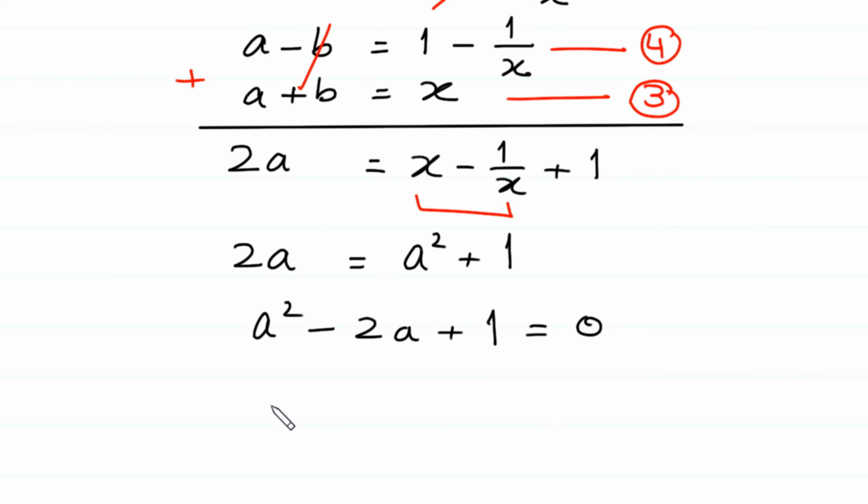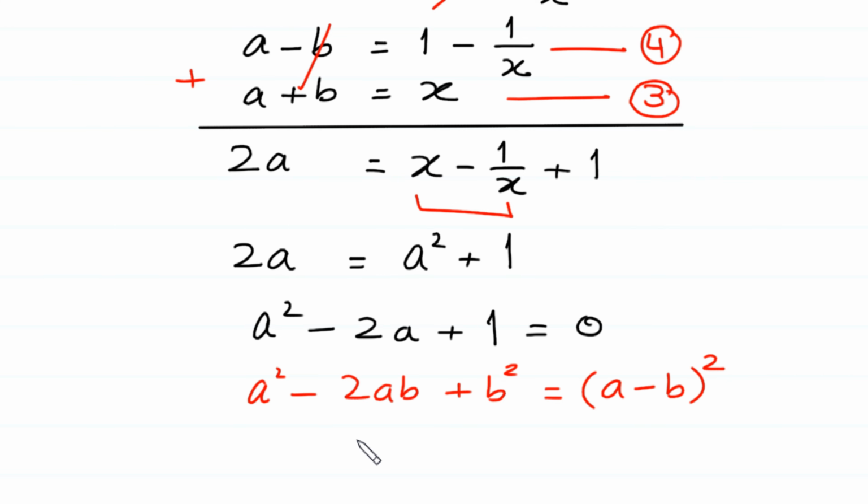Next, according to an algebraic identity, a square minus 2ab plus b square is equal to a minus b whole square. This a square minus 2a plus 1 is equal to a minus 1 whole square is equal to 0.